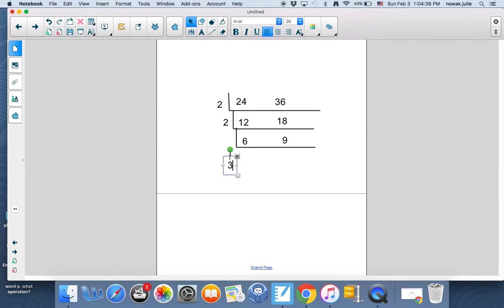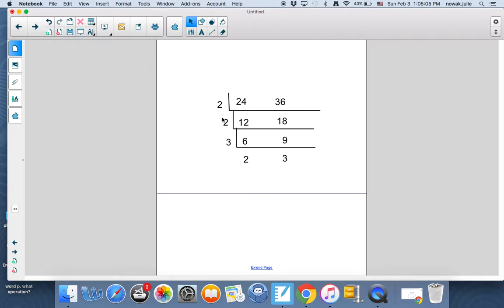So that goes on the outside with all the factors. 3 times 2 is 6. 3 times 3 is 9. And now I have 2 numbers on the bottom. Their only common factor is 1, so that means I can stop.